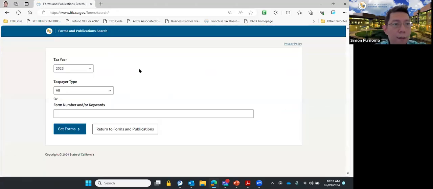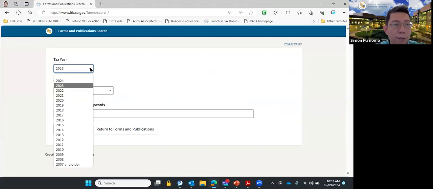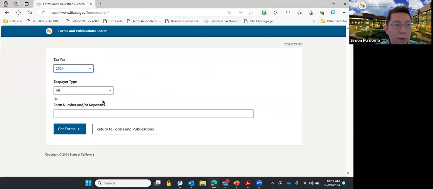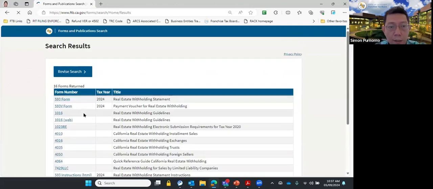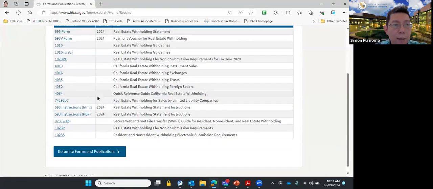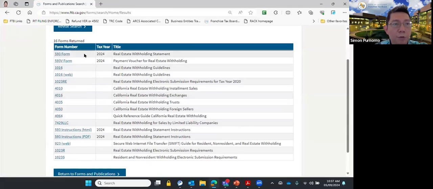And in here, you will see all of the forms that you can download. For example, I will take 2024. And then in here, you can type in real estate withholding. And there, you will be presented with all of the resources that we have. Now, for example, let's say I want to download the Form 593, tax year 2024.